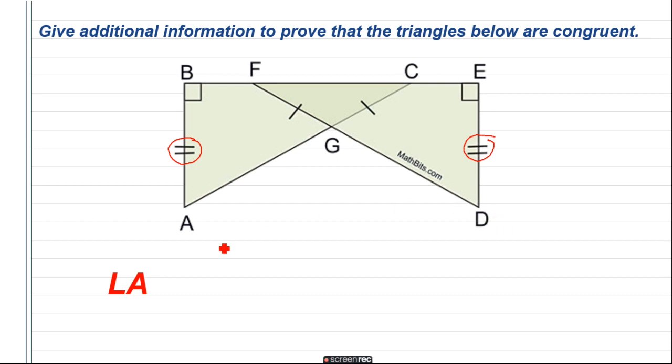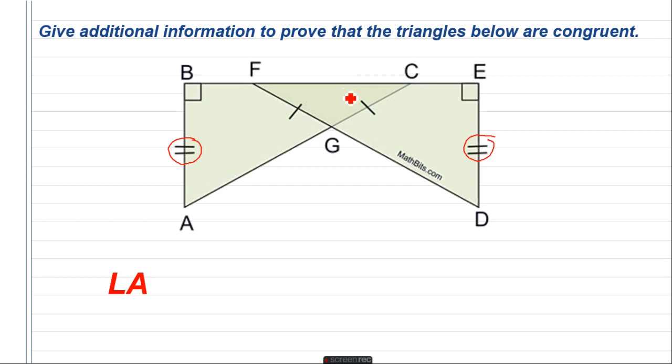Because it's LA, we are provided with this triangle, which is an isosceles triangle. For LA, the needed information must be an angle, two congruent angles.